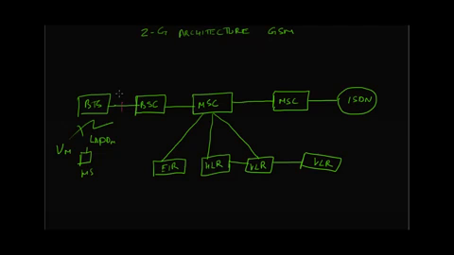The interface between BTS and BSC is the A-bis interface, and again the protocol is LAPD. The interface here is the A interface. The protocol is BSSMAP, base station subsystem mobile application part.